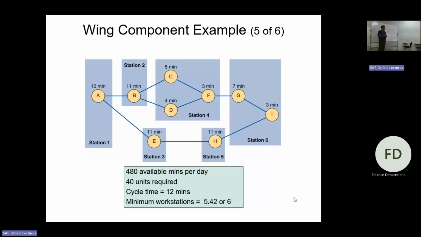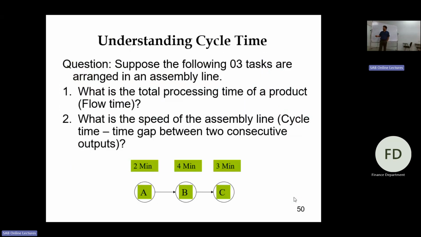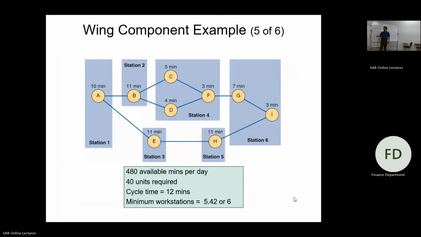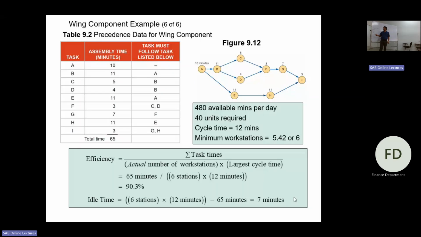Now, to assess whether this answer is acceptable or satisfactory, we need to use this equation. We call it the efficiency equation: sum of task time divided by actual number of workstations, in this case 6, times the cycle time. Do that calculation quickly.